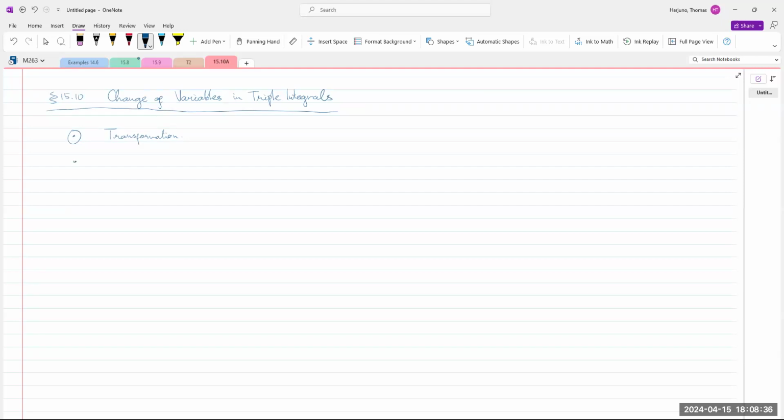And then from there, we will learn to compute Jacobian, which I will do first right now, and then we will learn to compute the integrals with change of variables.